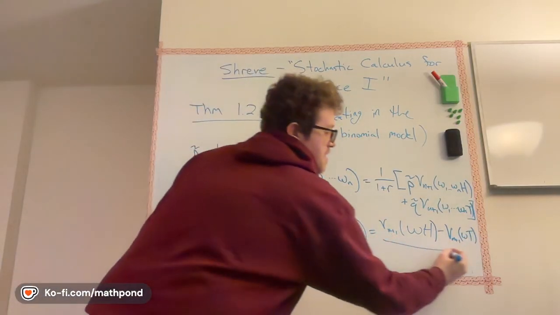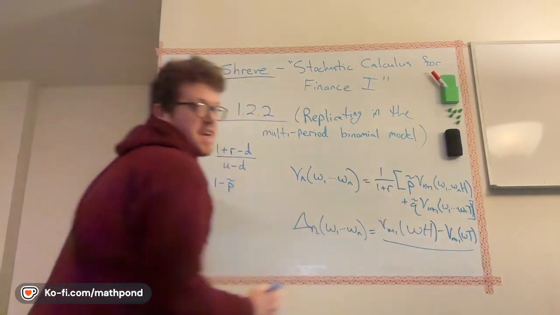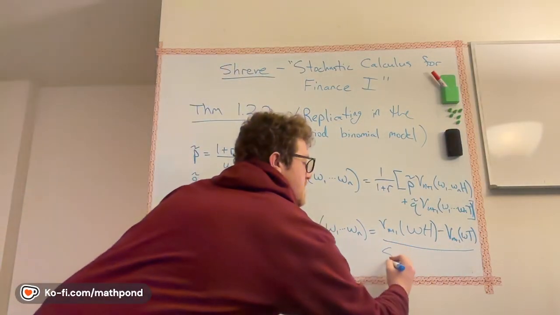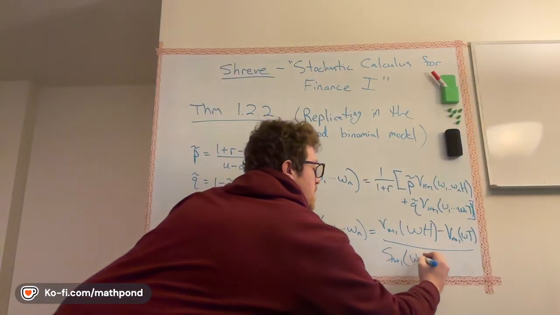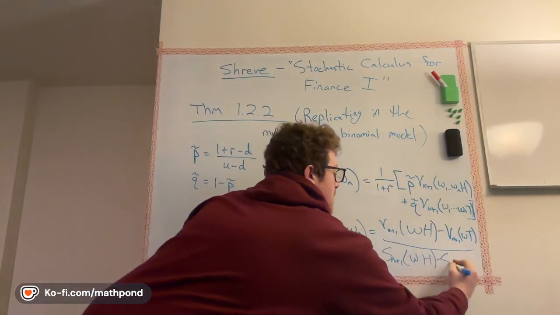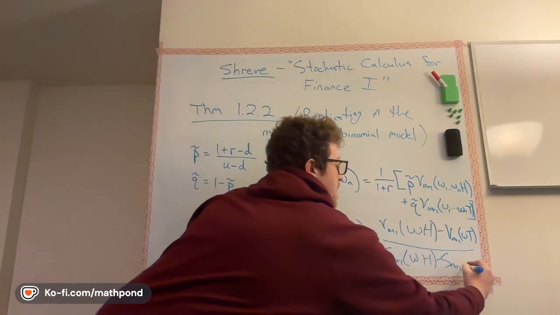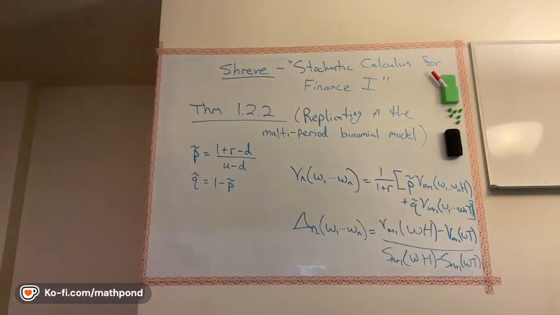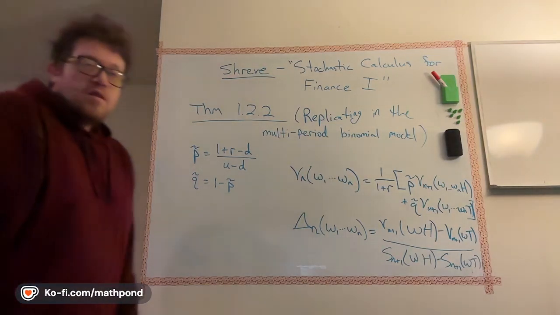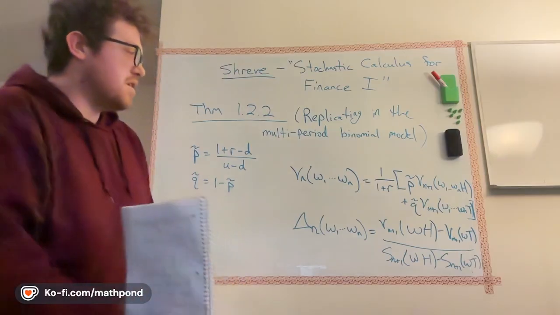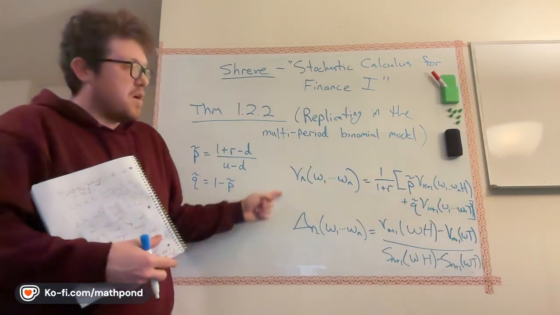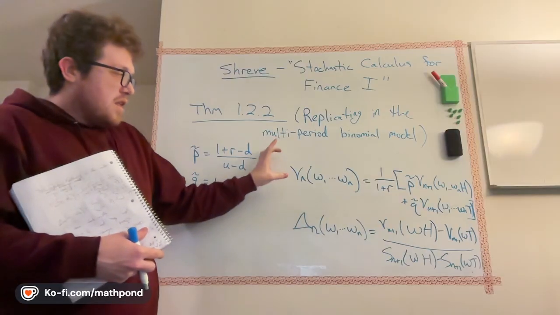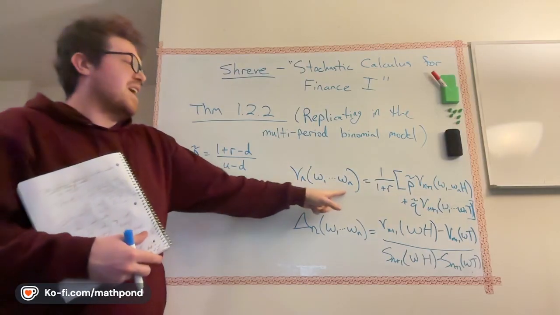And then similarly, but for the difference between the stock prices. So stock at n plus 1, omega then heads, minus stock at n plus 1, omega then tails. Okay, so very similar formula as the one period model, except this is just defining it at a certain position.